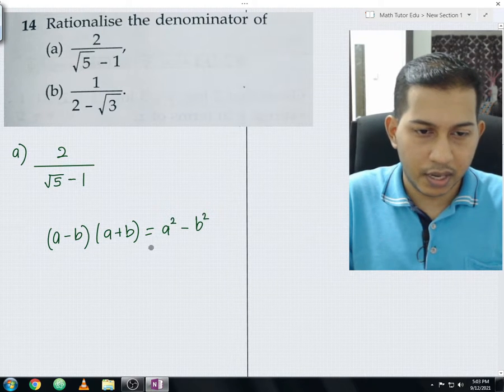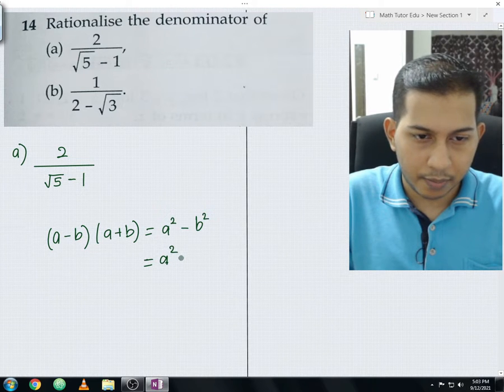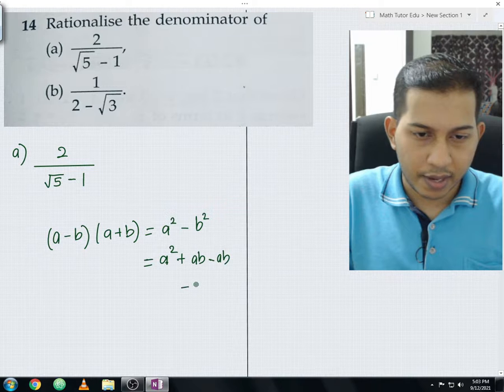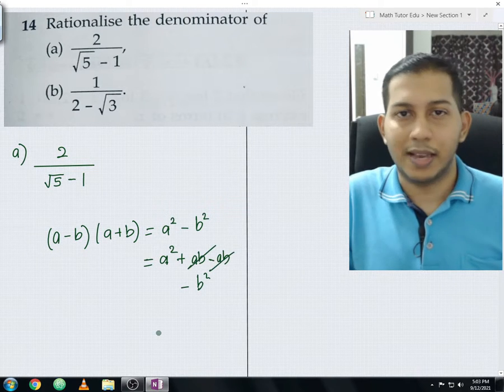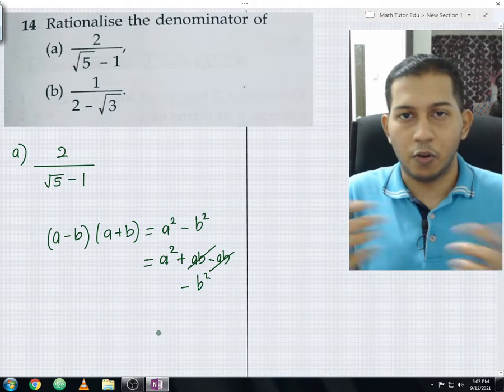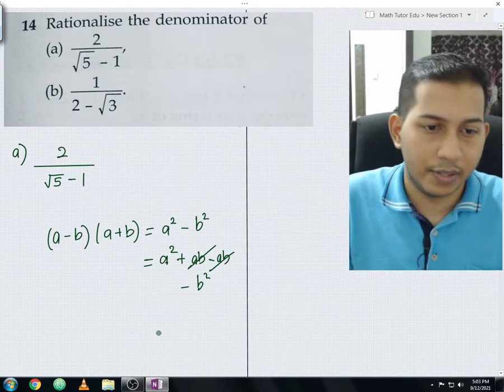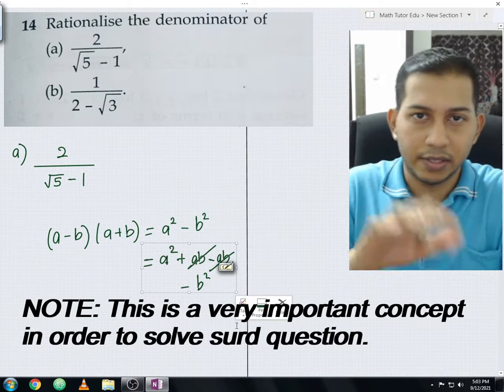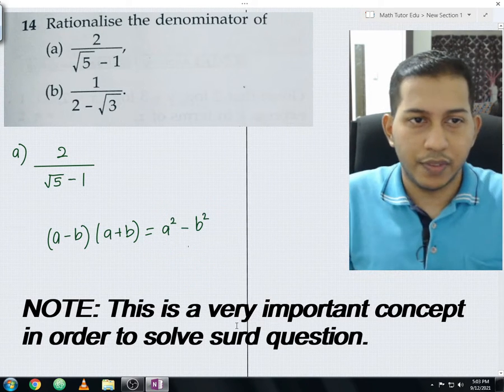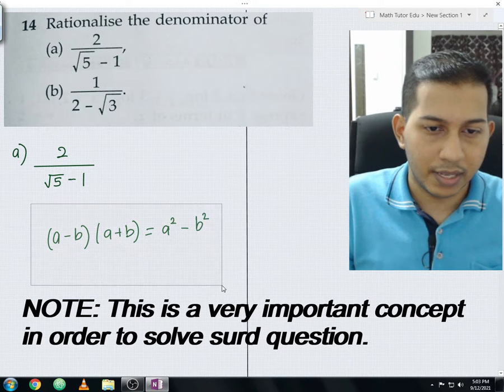Of course, in between you have the calculation of A square, then plus AB, minus AB, and then minus B square. So the AB and negative AB will get cancelled off. Okay, so I hope you understand the concept of what I'm trying to tell you. So the similar concept you're going to apply to solve the question in this video.